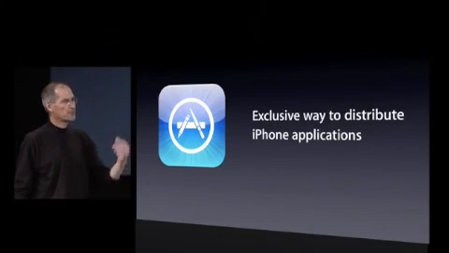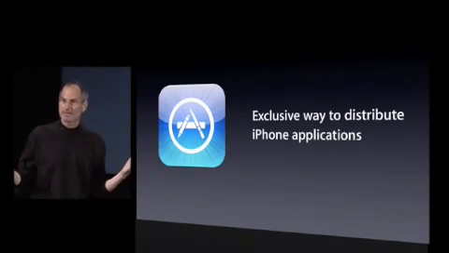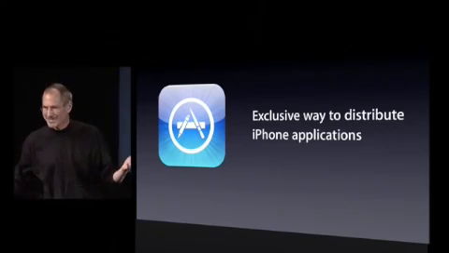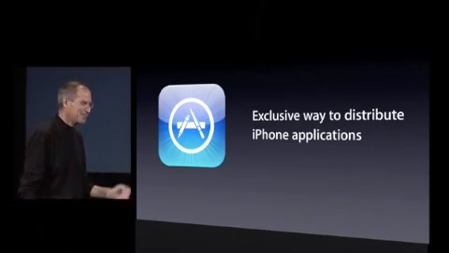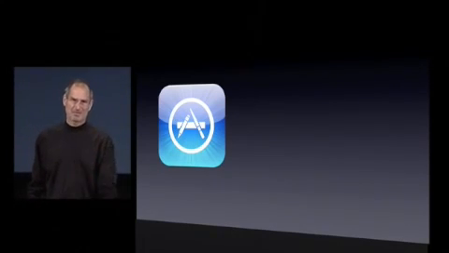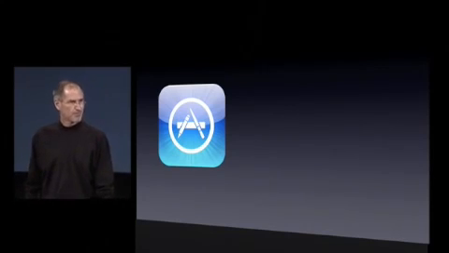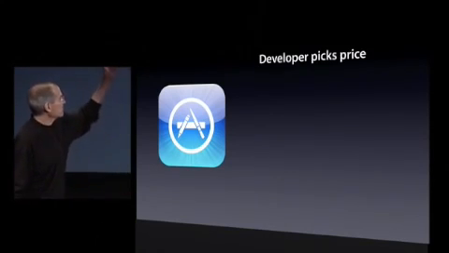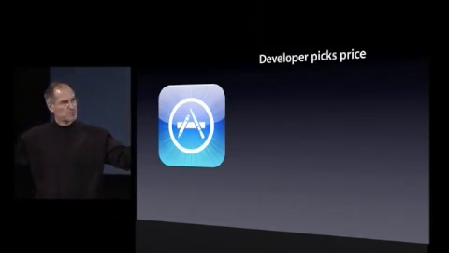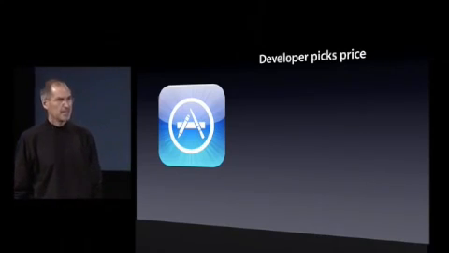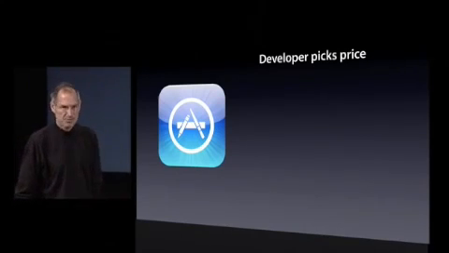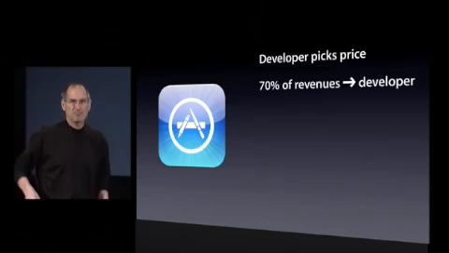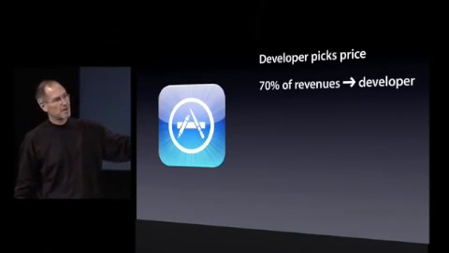Now, developers are going to ask, well, this is great, but what's the deal, right? What's the business deal? We think we've got a great business deal for our developers. First of all, the developer picks the price. Pick whatever price you want to sell your app at. When we sell the app through the App Store, the developer gets 70% of the revenues right off the top.